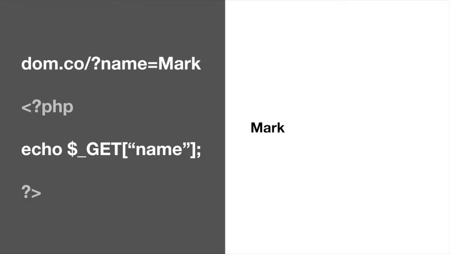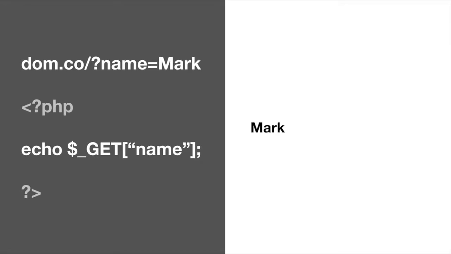Just a quick example. So if I have a variable named name and it equals mark, and I echo out using the super global GET, just like if I had an associative array, I would call the key there. In this case, the key is the variable name, name.